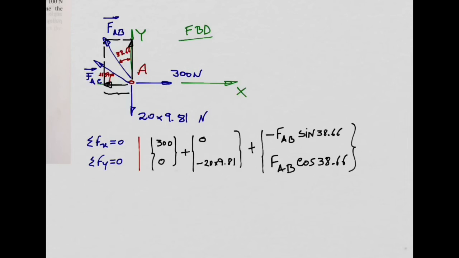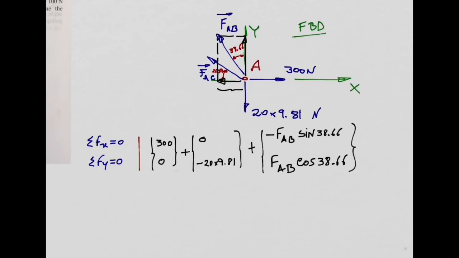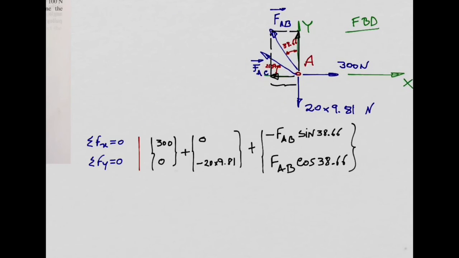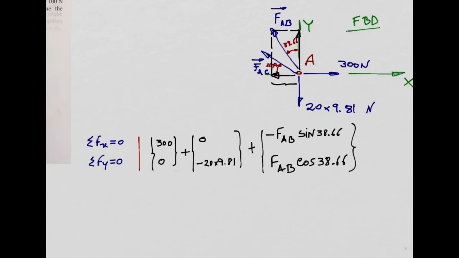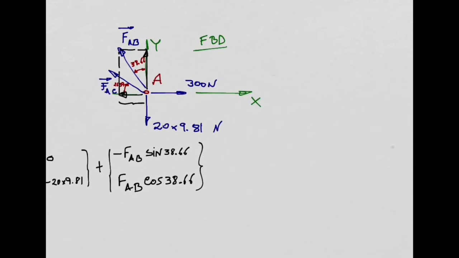Now let me see if I can do one thing. Let me move this a little bit. Yeah, I can move here. It's easier then. Now we need to add our final vector, which is our force FAC. So we are going to do the same thing for force FAC. So this can be a bit confusing now.